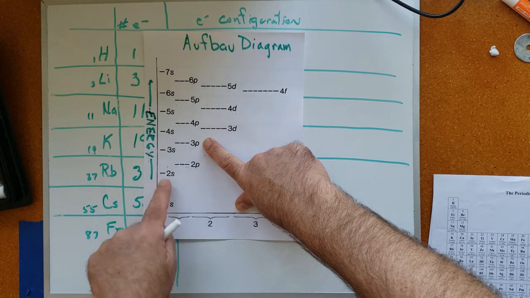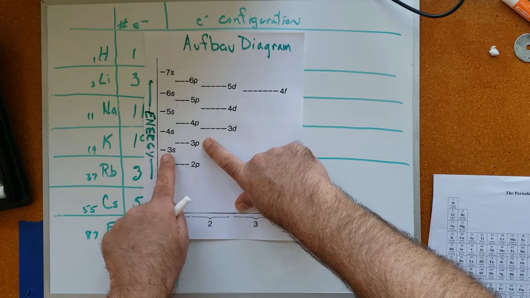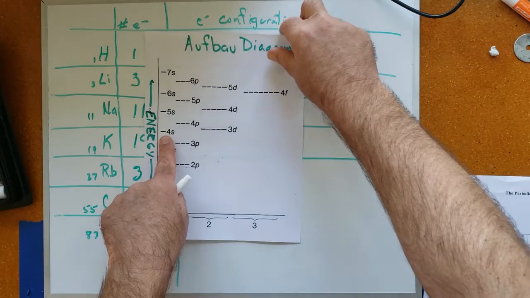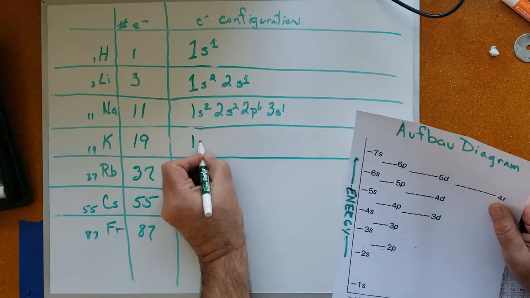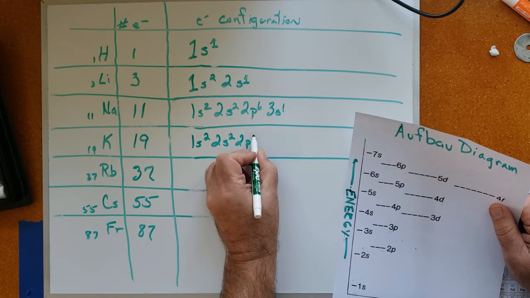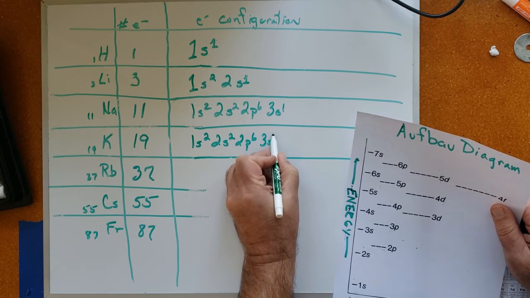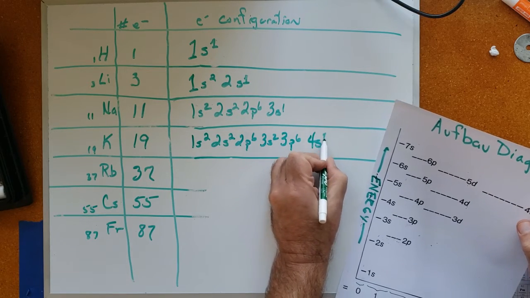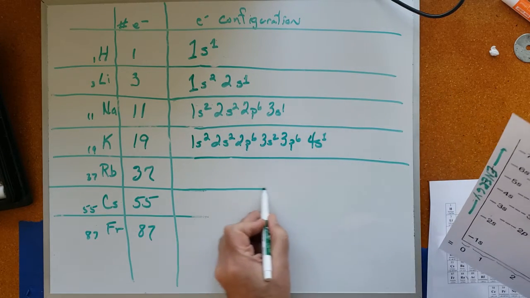So it would be 1s2, 2s2, 2p6, 3s2, 3p6, 4s1. So let's write that out. 1s2, 2s2, 2p6, 3s2, 3p6, 4s1. All right.